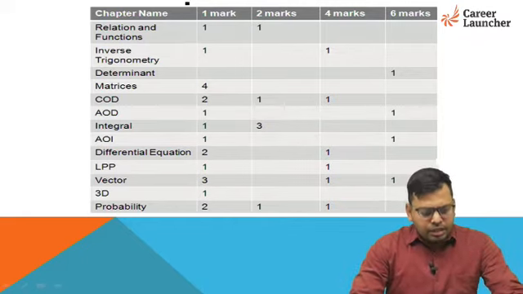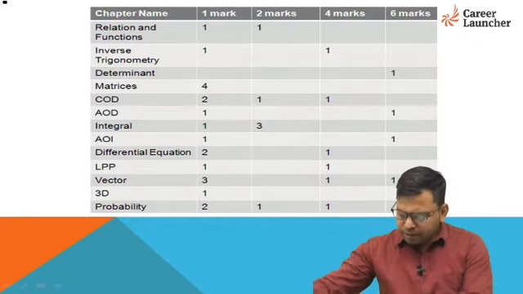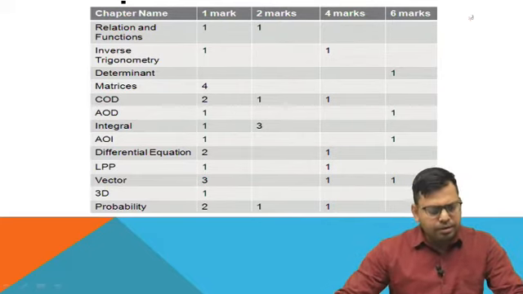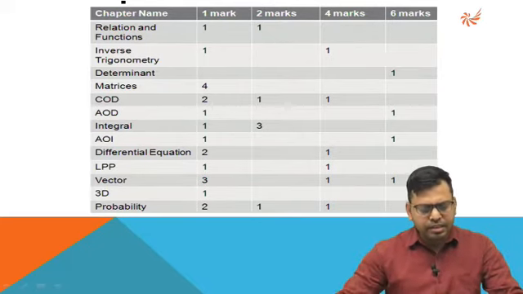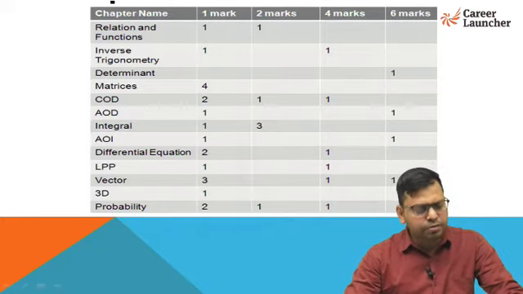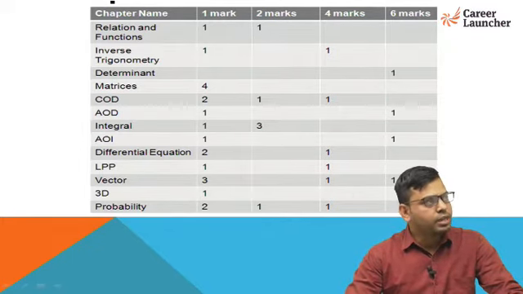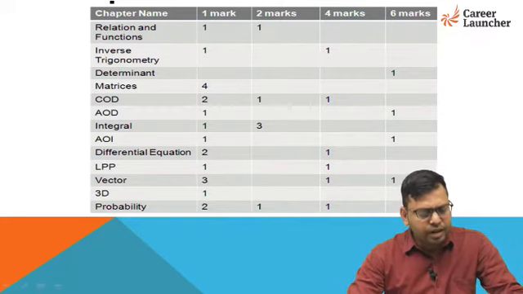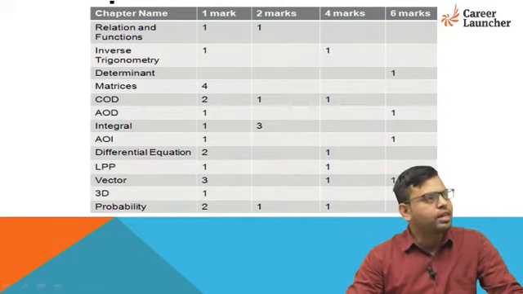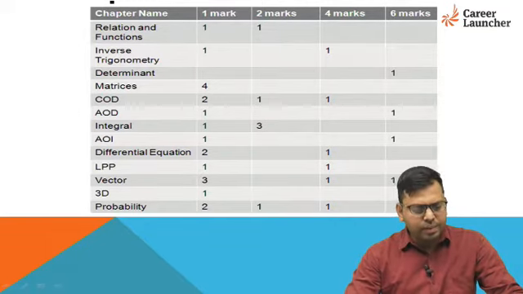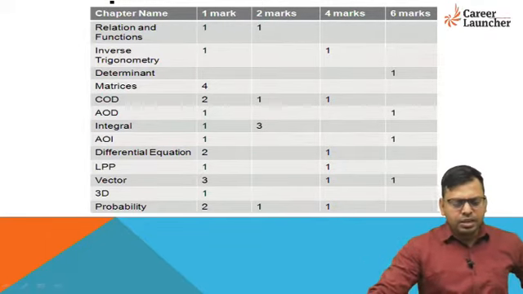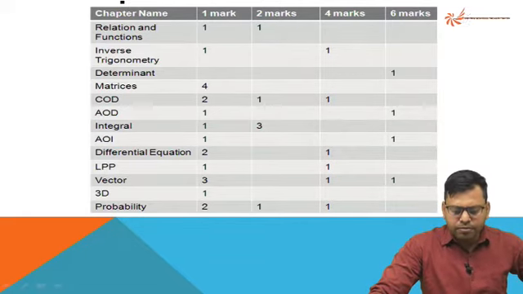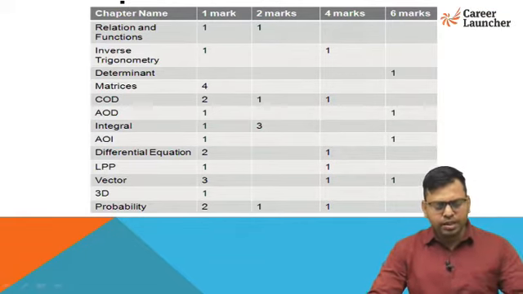The chapter with the highest weightage was chapter number 4, matrices, from which 4 mark questions were asked. From continuity and differentiability, two questions of 1 mark were there. In application of derivatives, one 1 mark question was there. Only one question was asked from the application of derivatives and application of integrals. And from differential equations, 2 questions of 1 mark were there.